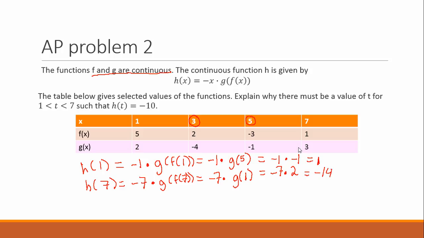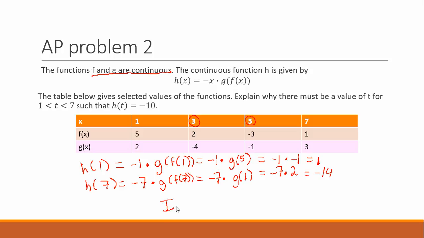Now remember, f and g are continuous, and also h is continuous. Therefore, we know between 1 and negative 14 we must take every single value. And look at that. h of t must be equal to negative 10 somewhere because of the intermediate value theorem.